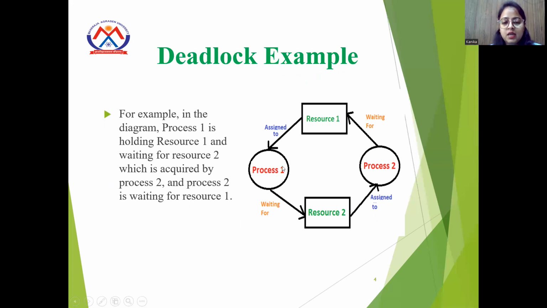As you can see in the diagram, process 1 holds resource 1 and is waiting for resource 2 for its execution. Similarly, resource 2 is assigned to process 2, which is waiting for resource 1 for its execution. Here a deadlock situation arises because none of the processes are executing, because they are demanding a resource which is already held by another process. This is the example of deadlock.